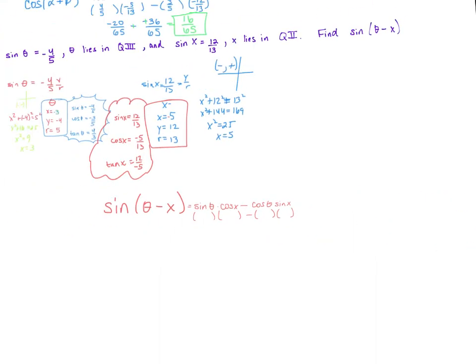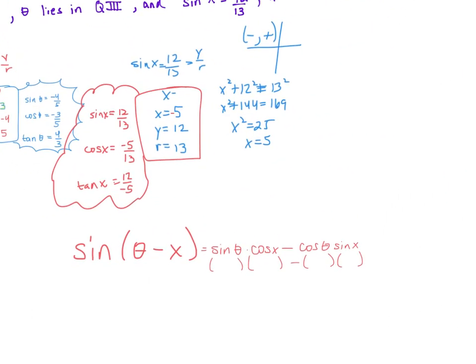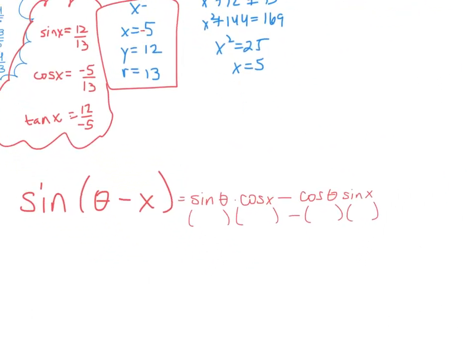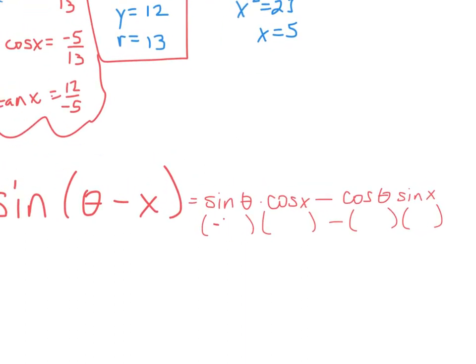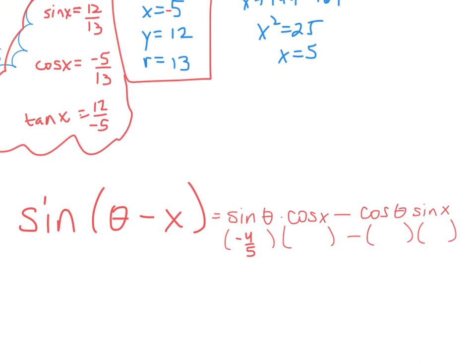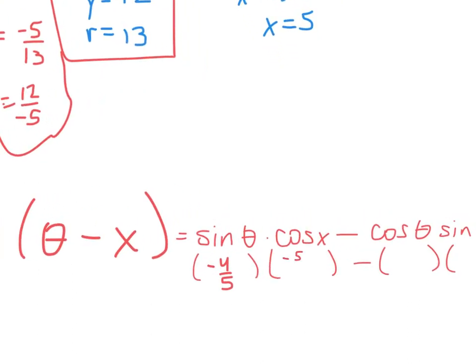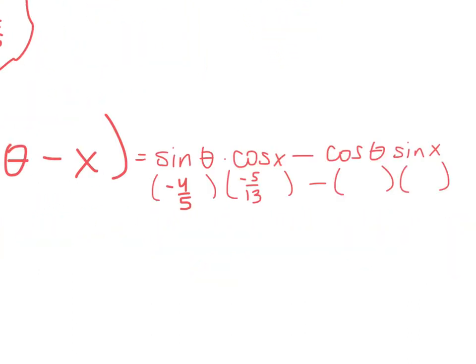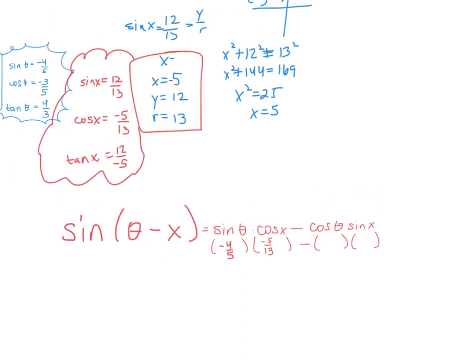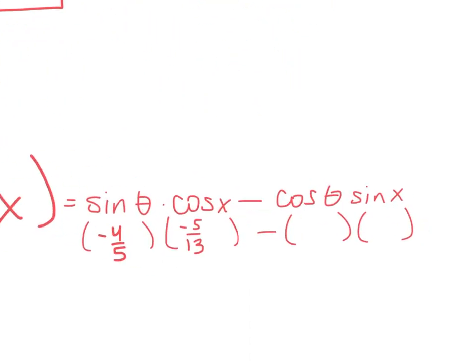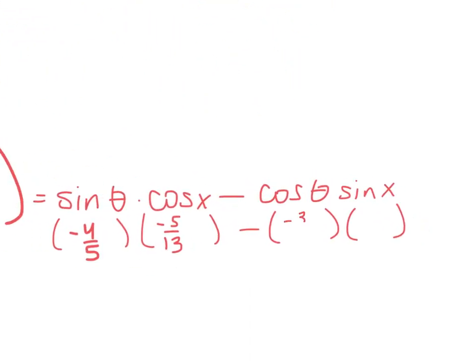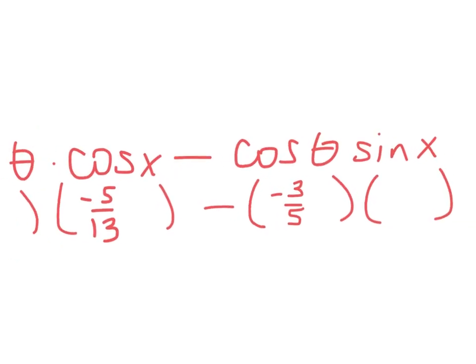So sine of theta, go up here. Our sine of theta was negative 4/5. So negative 4/5. Cosine of x is negative 5 over 13. Minus cosine theta, so theta cosine is negative 3/5. Negative 3 over 5 times the sine of x. We'll go see what the sine of x was. Okay, 12 over 13.